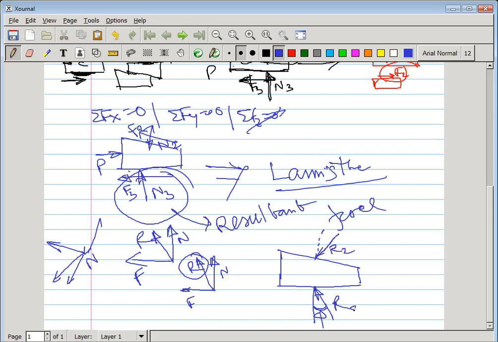This is R2, this is R3, and this one is phi, and this one is given as 10 degrees for that body. And this is your P. Clear?